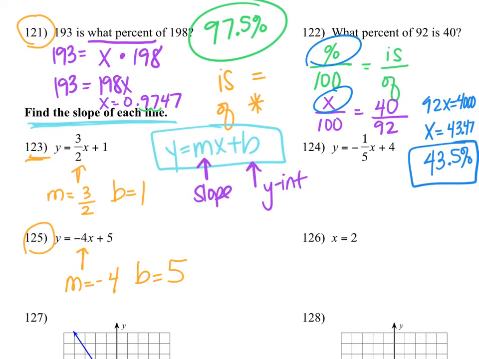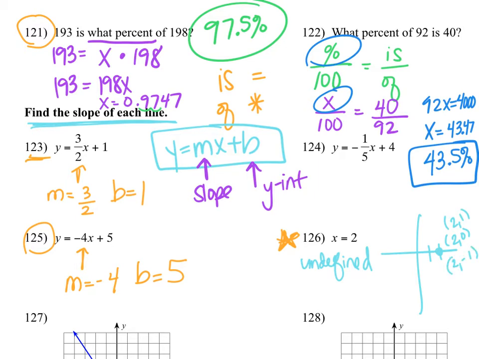Now for a problem like 126, this one's important to remember because if it says x equals 2, that's actually an undefined line. And the reason is when we graph it, here's my 2. Where will x always equal 2? Well, x will be here would be 2, 0. If I went up, I had 2, 1. If I went down, I'd have 2, -1.